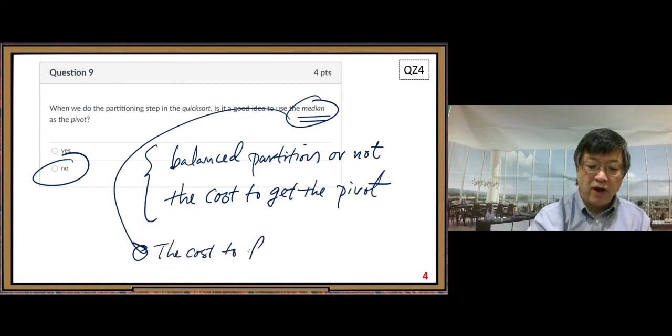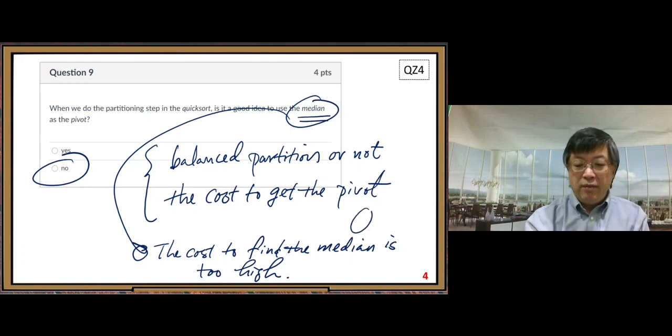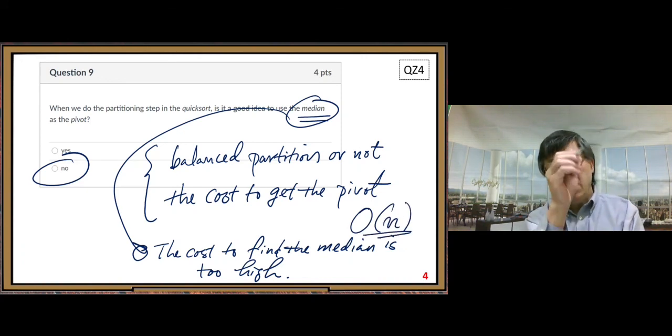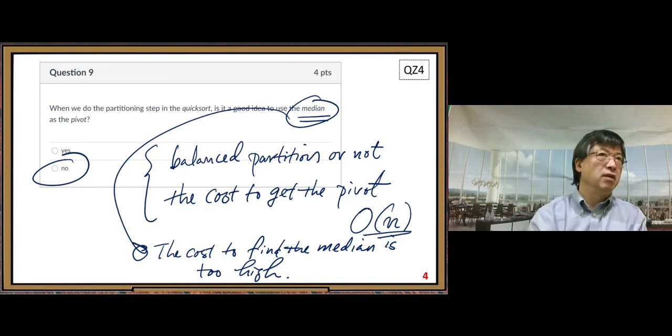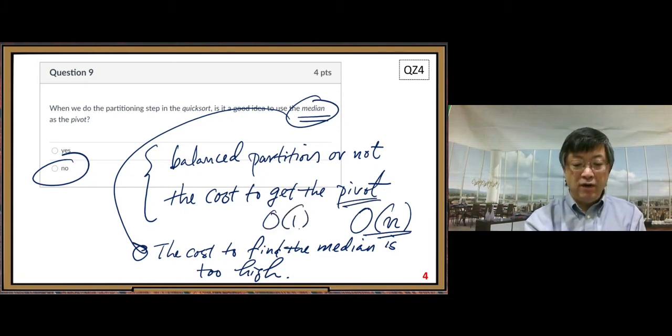So you can imagine how many comparisons we need to find the median by our selection algorithm, big O of n, but that's a constant multiple times n. How high is the cost? If we use a random pivot, the cost is big O of 1, so cheap.